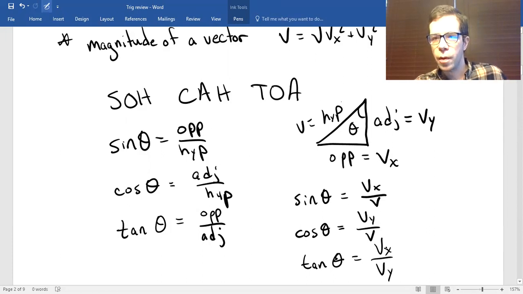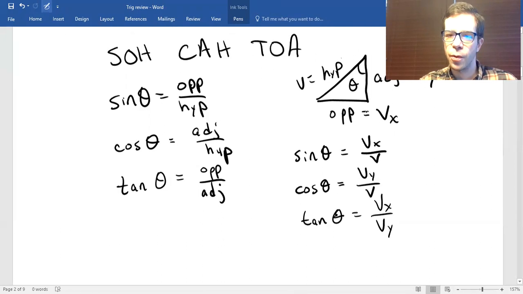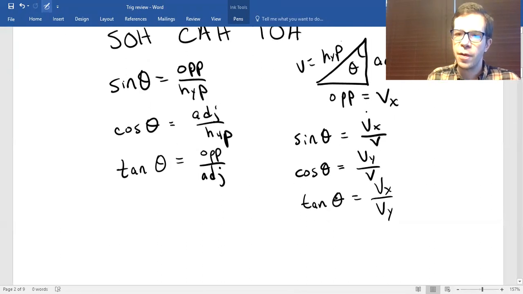And these are more opposite of what you would have learned in a basic trig class because I've drawn my angle to the vertical component here instead of to the horizontal component. So what happens if we draw to the horizontal component? I'm just going to call this phi.